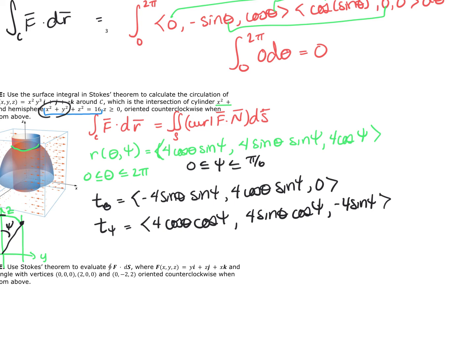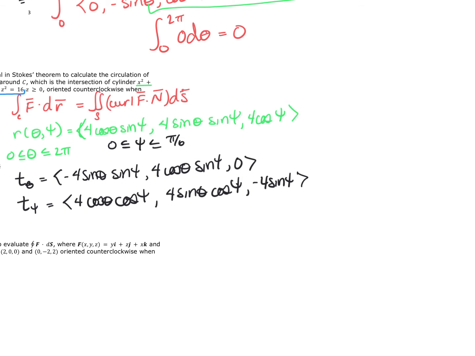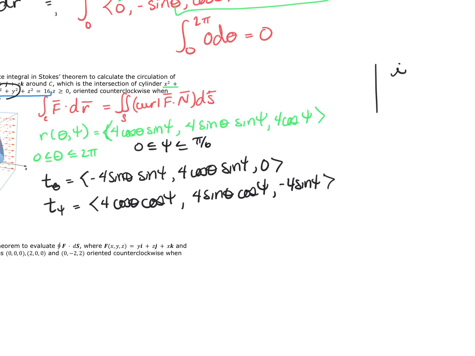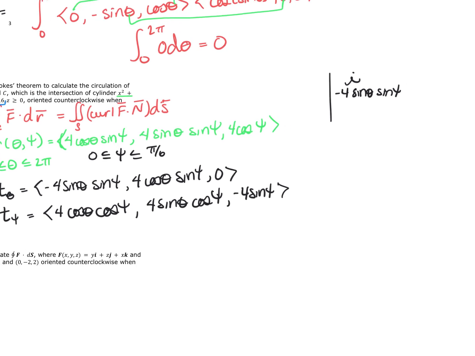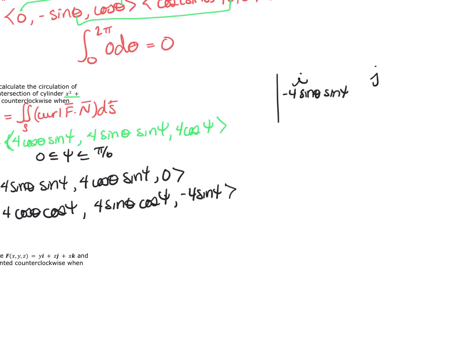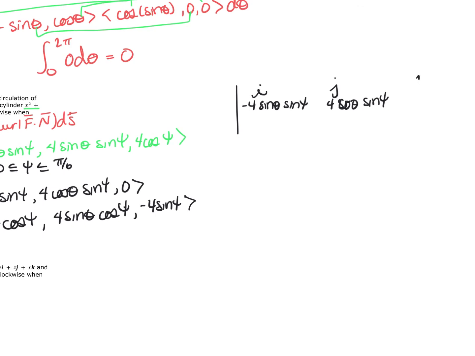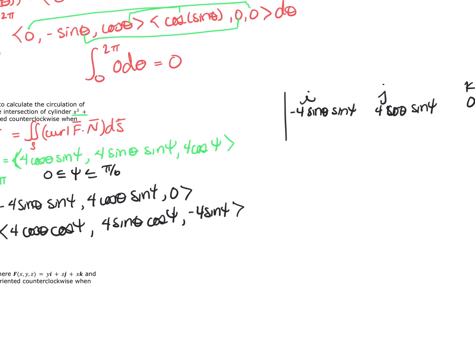Okay. So once I've done that, because I need the curl, I'm going to find my cross product for my curl. So then my cross product in the i direction, my first row is going to be my theta tangential vector, which is going to be negative 4 sine of theta sine of phi, in the j direction, it's going to be 4 cosine of theta sine of phi, in the k direction, I have 0.